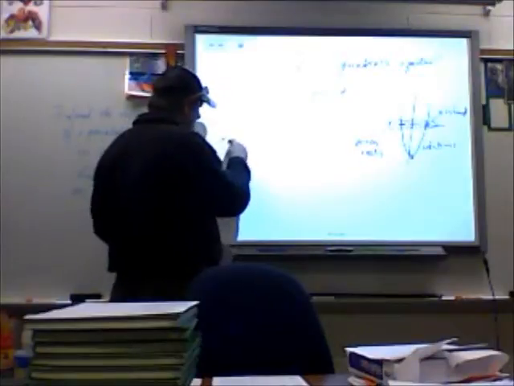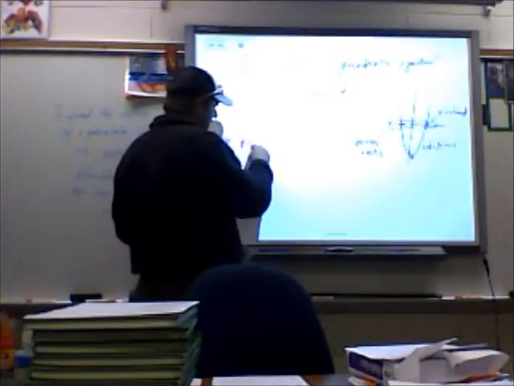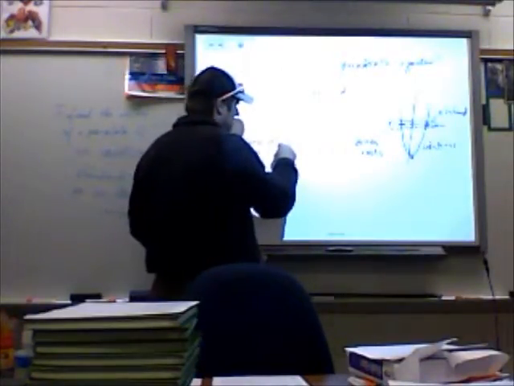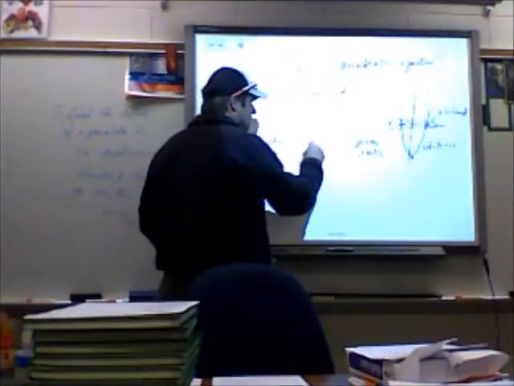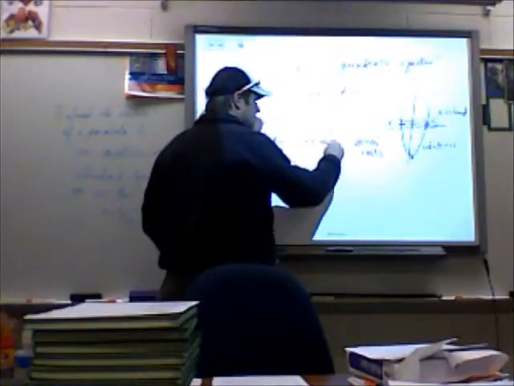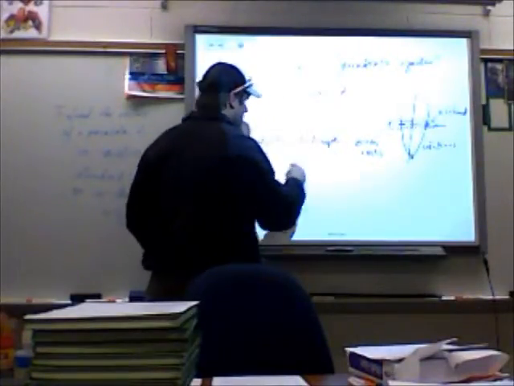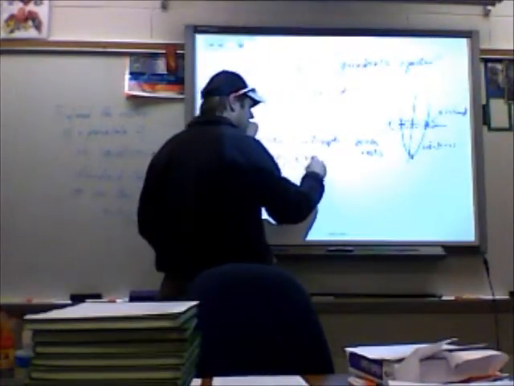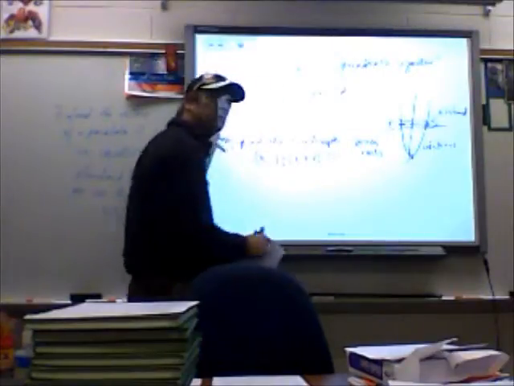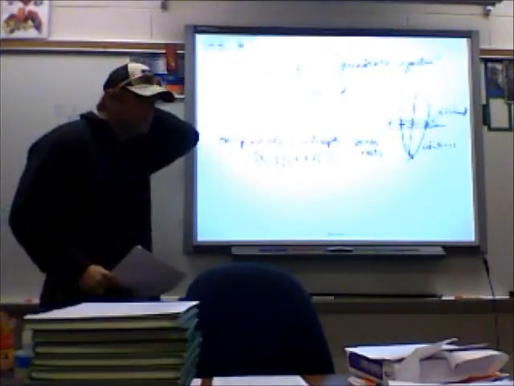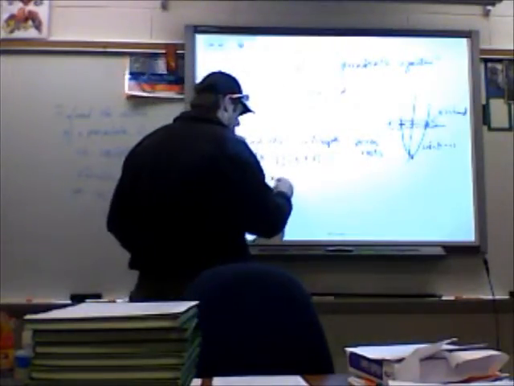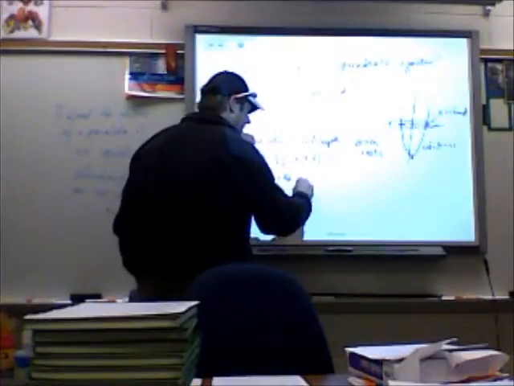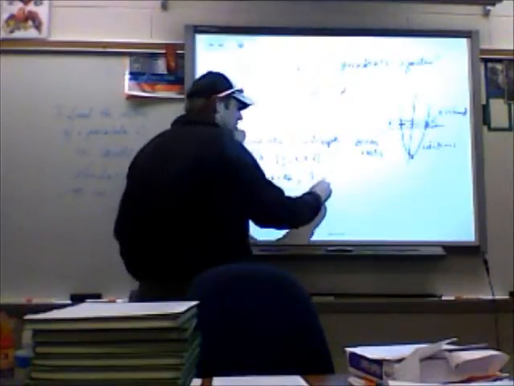So to find the x-intercepts, x minus 4 times x plus 3 equals 0. They are x equals 4 and x equals negative 3.